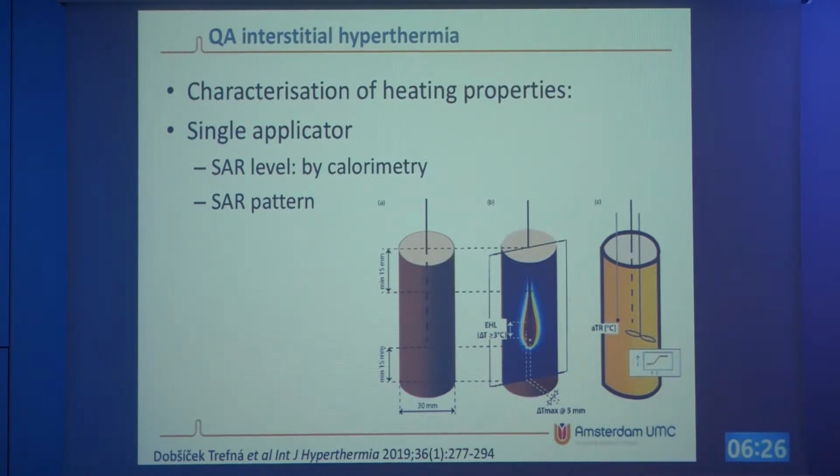And that means you're independent of the specific SAR pattern of that single applicator. You also look at the SAR pattern itself, and this is shown in the central panel. And by doing so, you also characterize the effective heating length of your applicator, so that you are aware what is the maximum size of your tumor lesion which you can heat with that applicator.